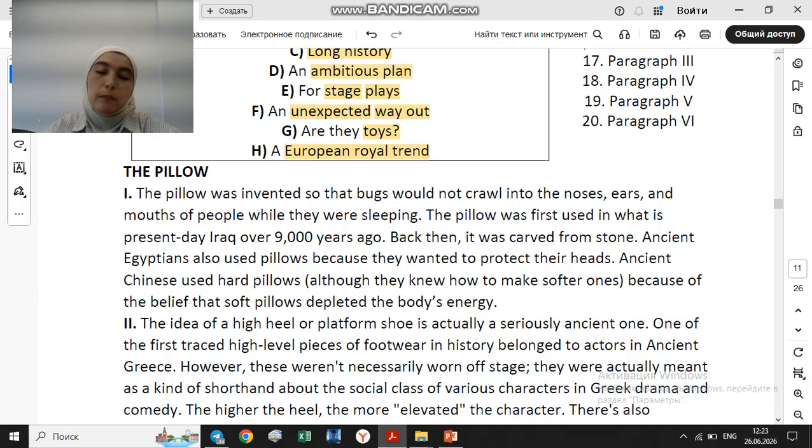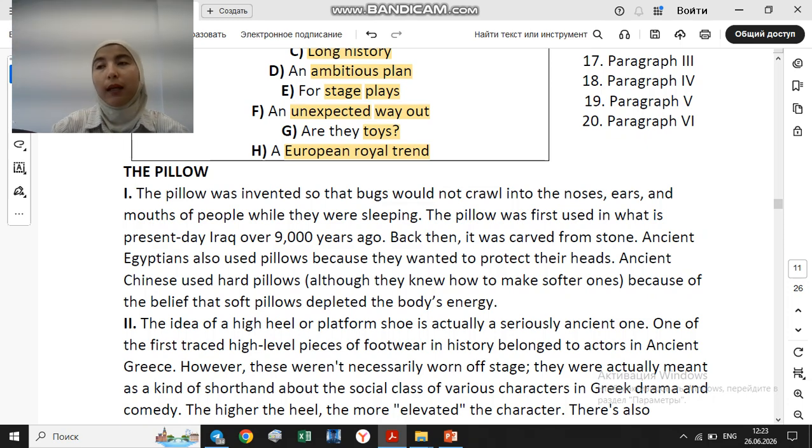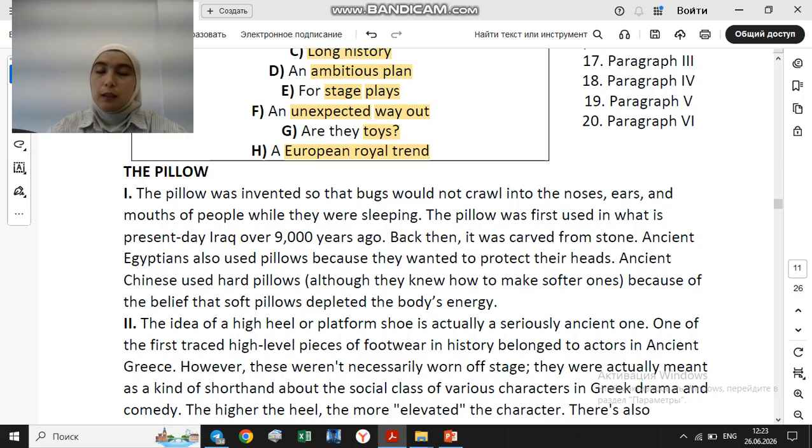Some paragraphs can be a bit tricky because they hide the topic sentence in the middle or at the end of the paragraph. But I think in the exam questions, it's easier to find according to the first sentence, like the topic sentence.